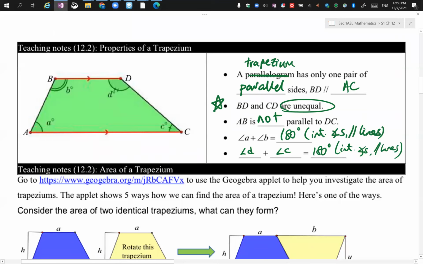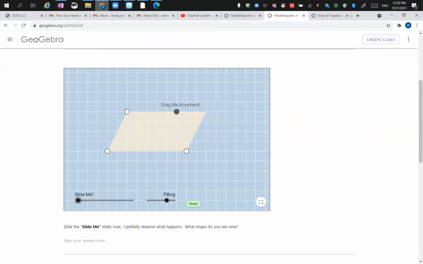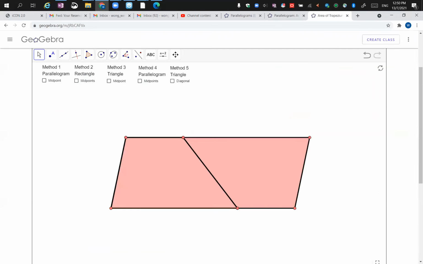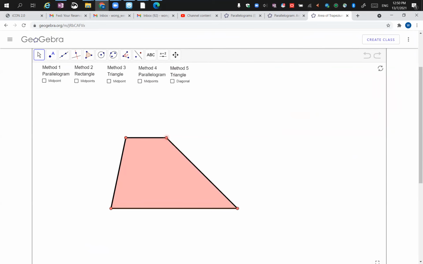Let's see. We've got area of a trapezium this time. Okay, this is my trapezium. I'm going to adjust the dimension of the trapezium. Okay, I can do so.